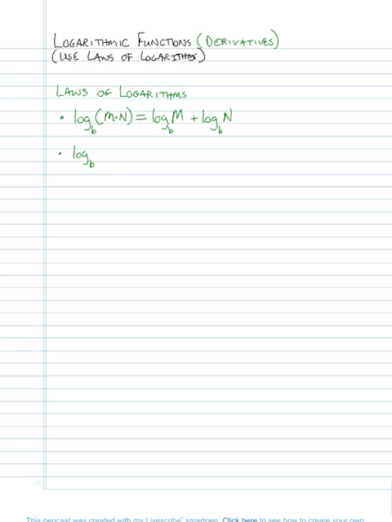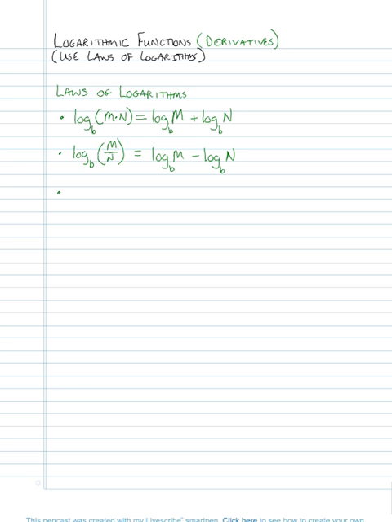So what's the law pertaining to the logarithm of a fraction, of a quotient? Well, the logarithm of a quotient is the difference of logarithms. That is, it's the logarithm of the numerator minus the logarithm of the denominator. And once again, M and N can be numbers, single variables, or whole expressions themselves.